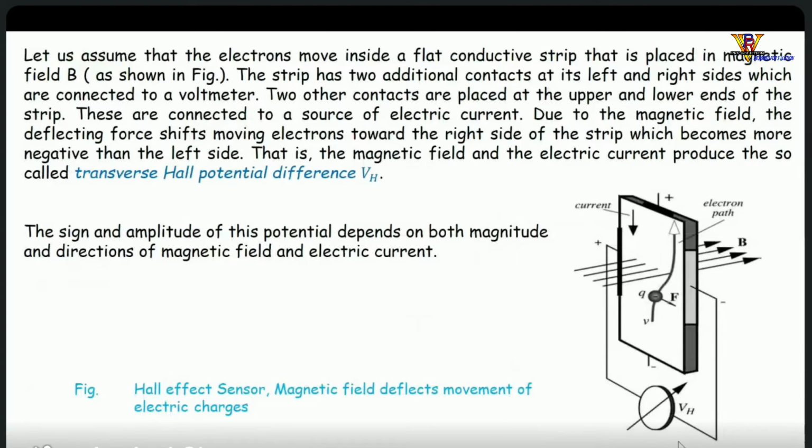Now to explain that, let us assume that the electrons move inside a flat conductive strip that is placed in a magnetic field, as shown in this figure.